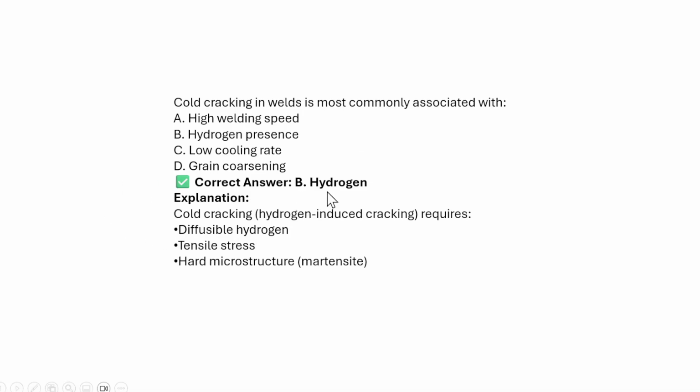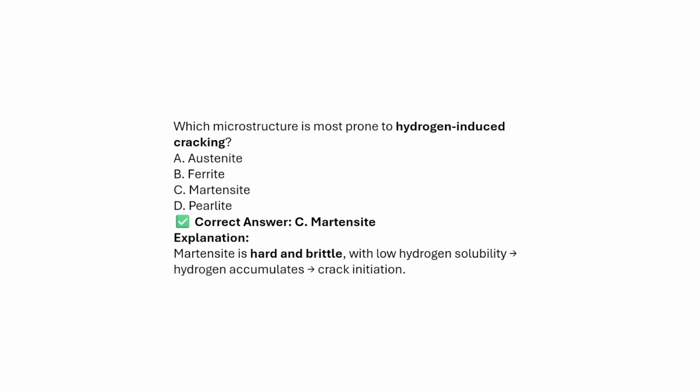Hydrogen presence. Next, which microstructure is most prone to hydrogen induced cracking? Option A, austenite, option B, ferrite, option C, martensite, option D, pearlite. The answer will be option C, because martensite is a hard and brittle phase with low hydrogen solubility.